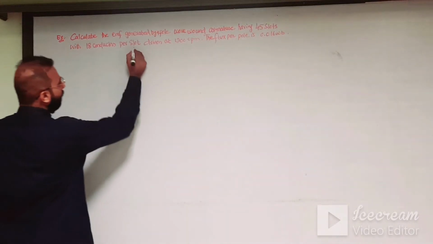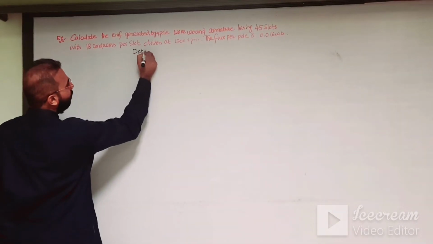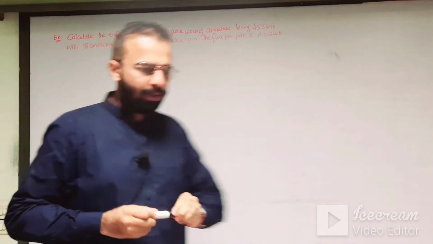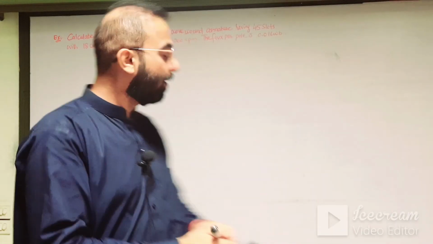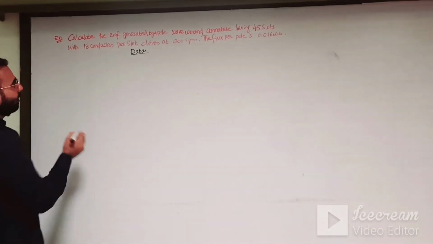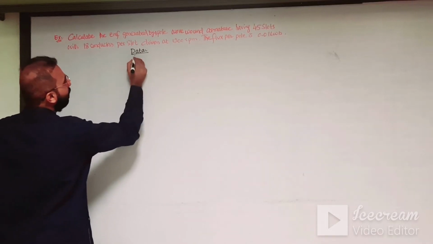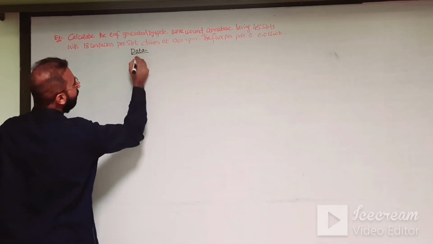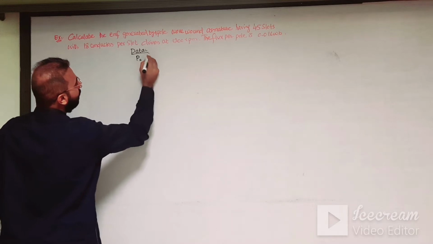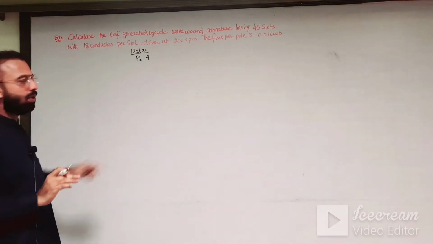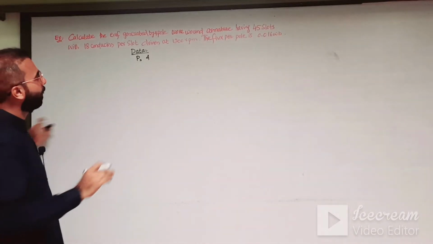Now let us solve the problem. First of all, we need to write the data. What we have given: P is the number of poles, and the number of poles is 4.